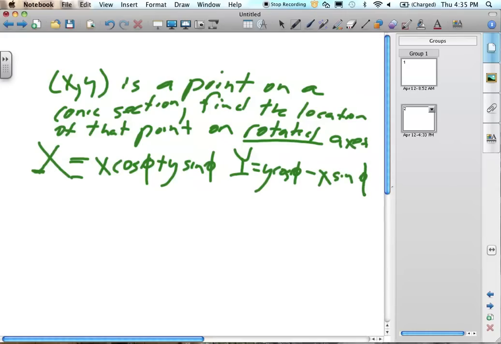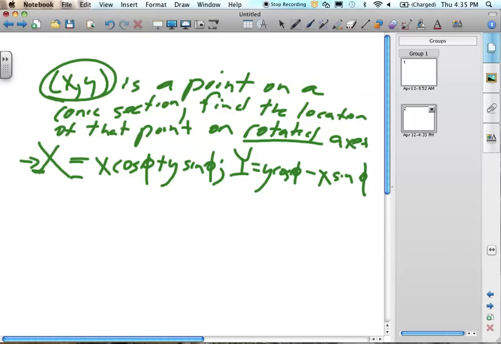So if you're given a point in the original Cartesian coordinate system that we're used to, that's on the conic section but has been rotated, then you can find the x and y coordinates in the rotated system using these two equations.